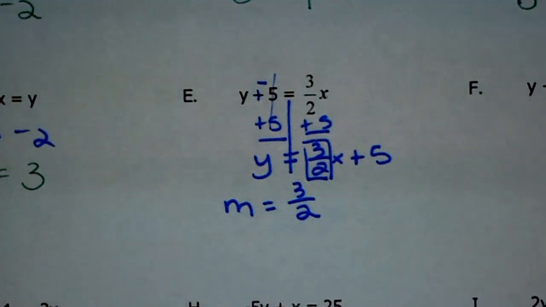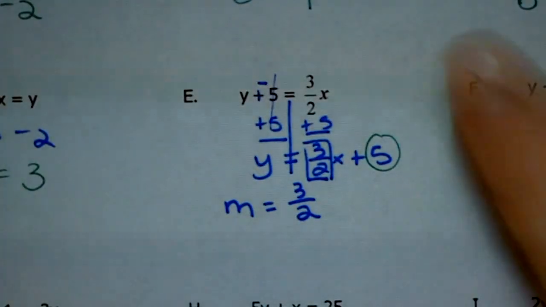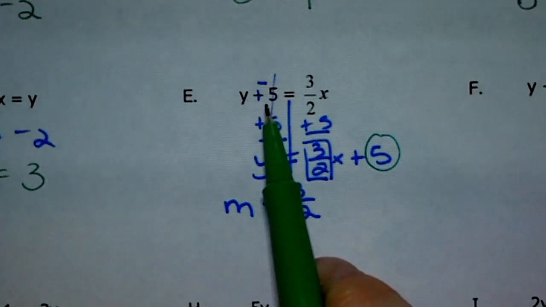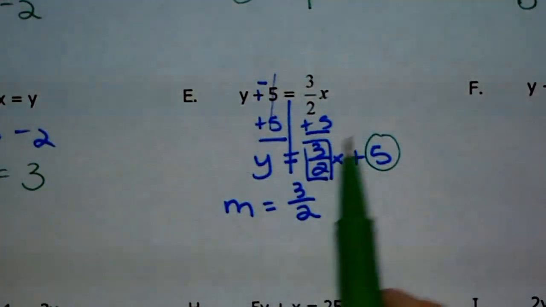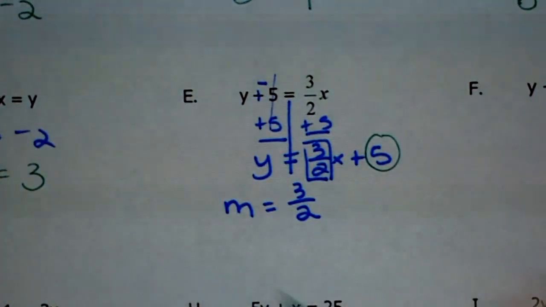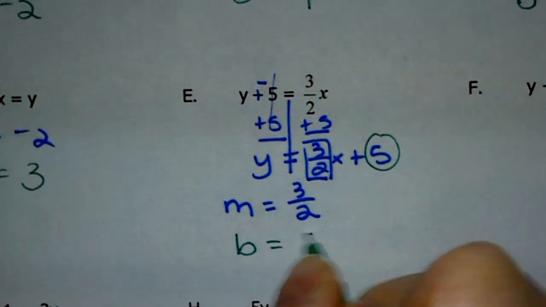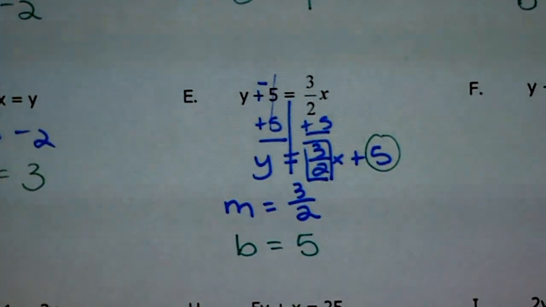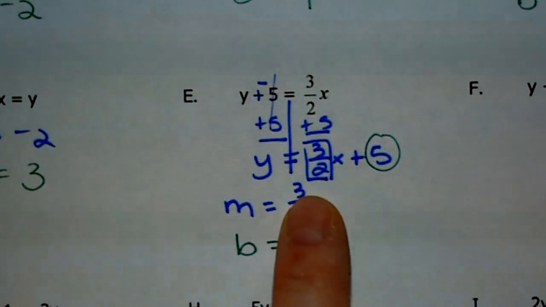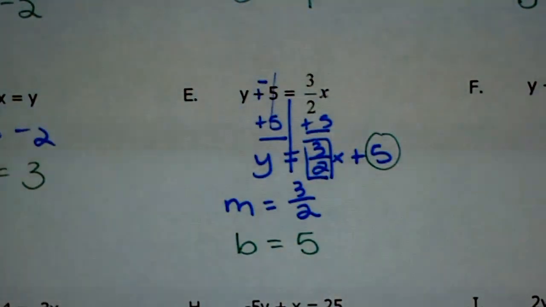The number by itself is 5. Now, in the beginning, we thought, oh, it must be -5. But when we rearrange this, it's actually a +5. So the b is 5. So this graph would go through the point (0, 5), and you would go up 3, right 2, to get from one point to the next. All right, last one in this row.